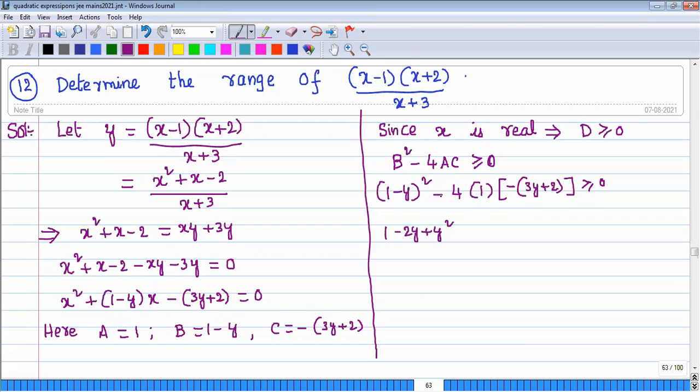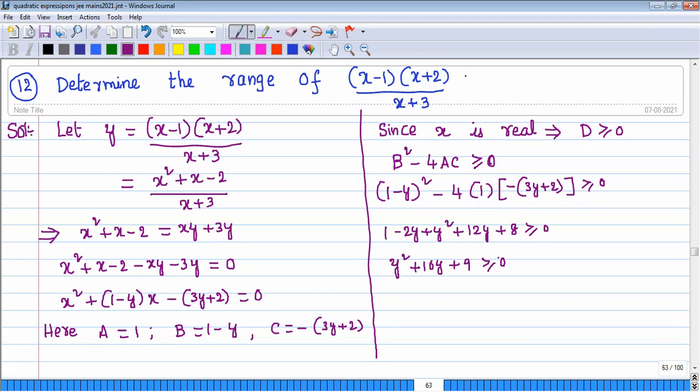Negative into negative is positive, plus 4 into 3y plus 2, that is 12y plus 4 into 2, 8, greater than or equal to 0. So this can be written as a quadratic inequality: y square plus 10y plus 9 greater than or equal to 0.